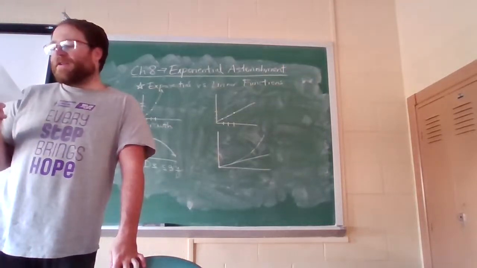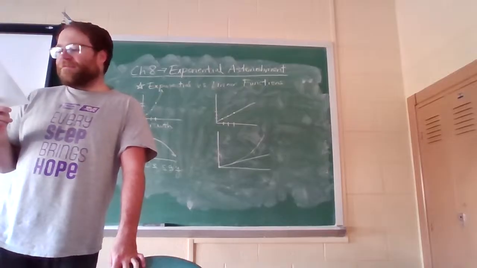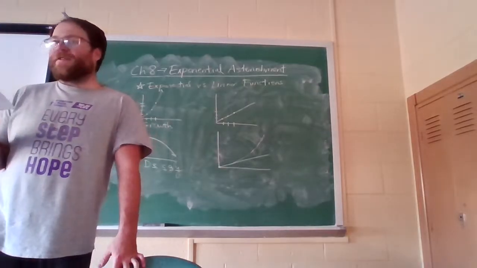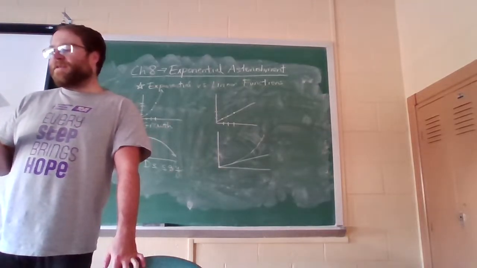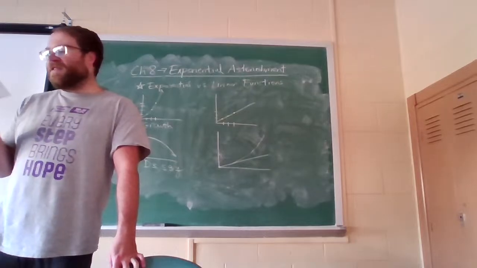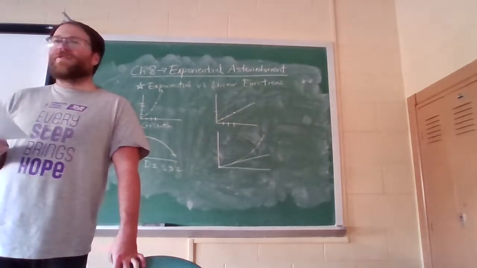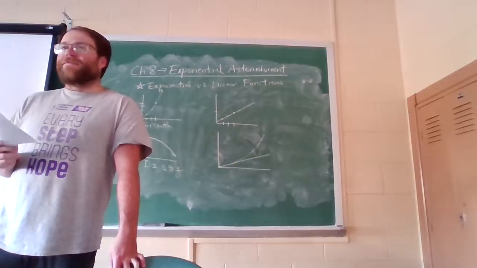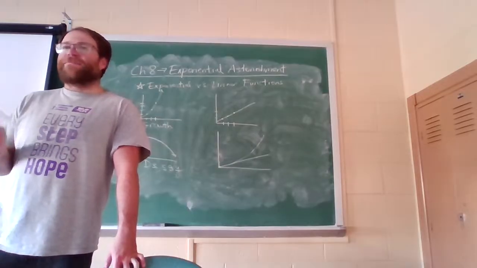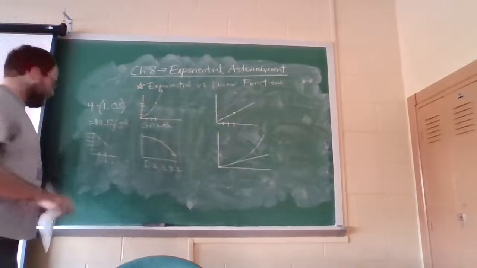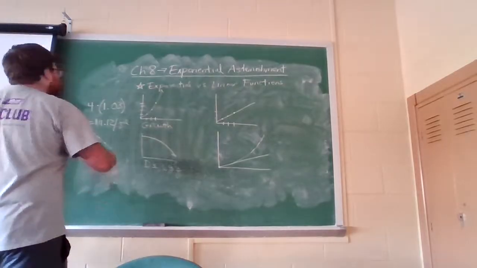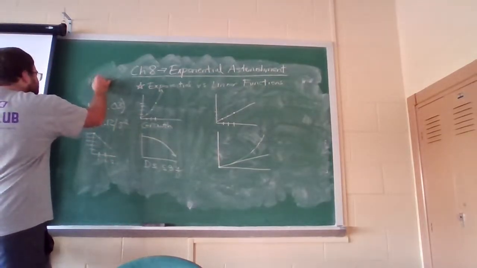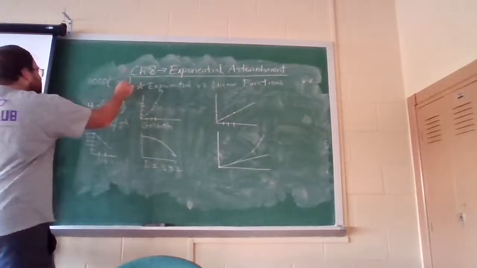Then the last one: the price of an HD TV set has been falling by about 25% per year. If it's $1,000 today, what can you expect it to be in 2 years? Exponential decay, yep. Going down by 25% means that we could multiply the 1,000 by what number?